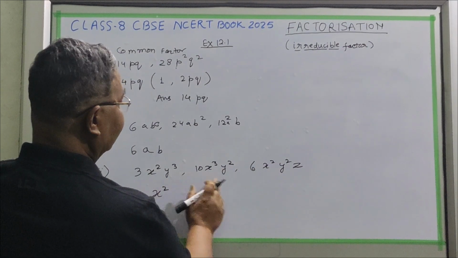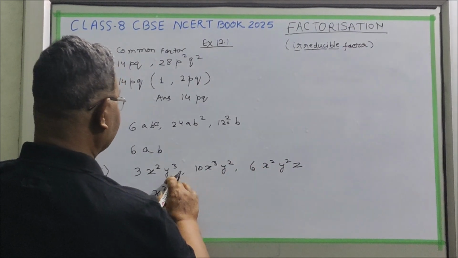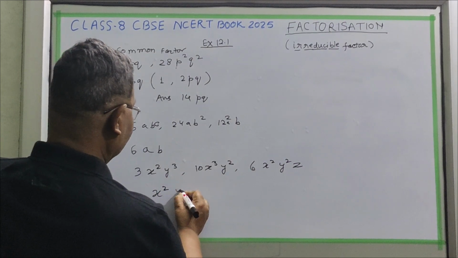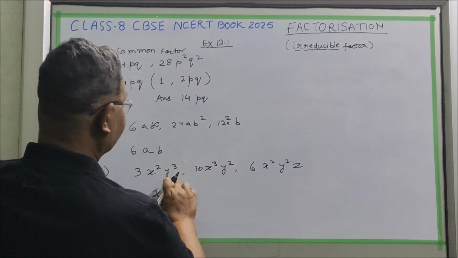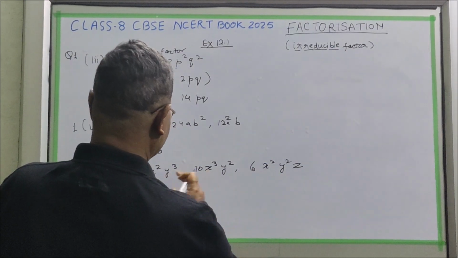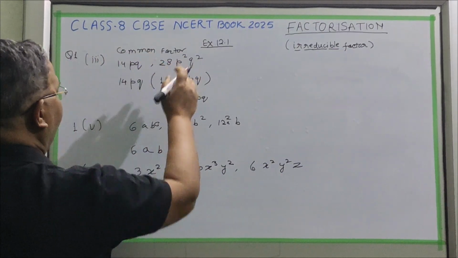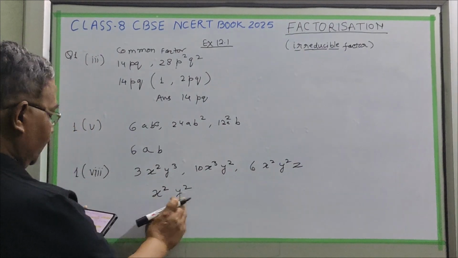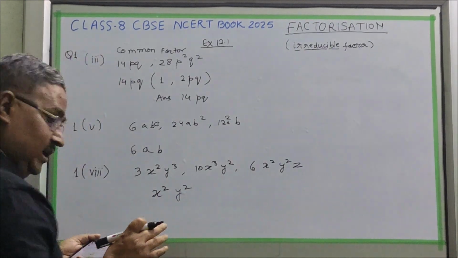Then y3, y2, y2, so y2 is possible in all. And z is not possible. So your common factor answer will be x2y2. Okay.